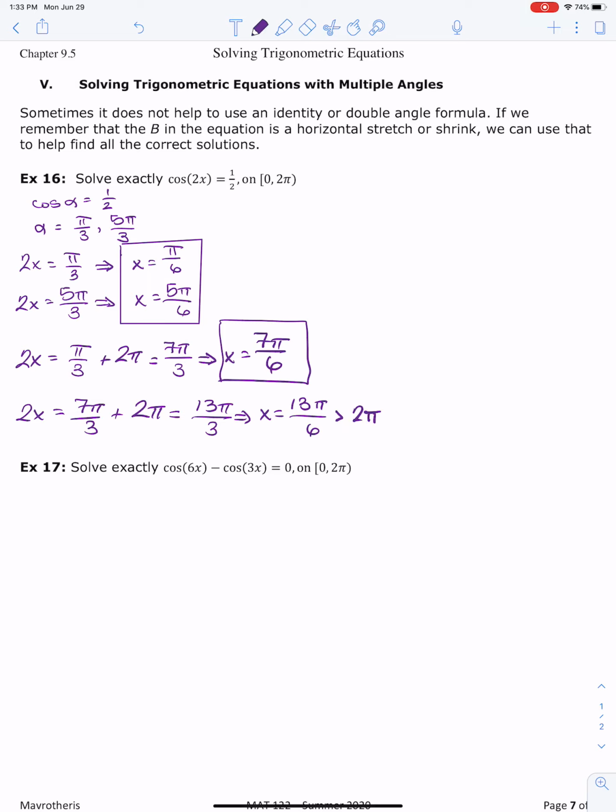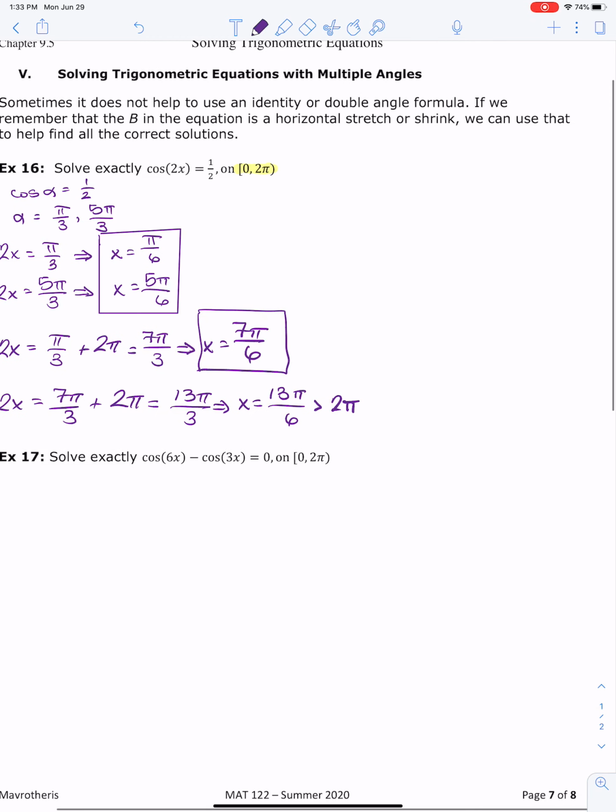So even though my 7 pi over 6 works, 13 pi over 6 does not, because it falls outside this 0 to 2 pi interval that I have to work with. Okay, so it makes sense. 2 times x went twice around the circle, divided by 2, and got 2 different angles that satisfy this equation.